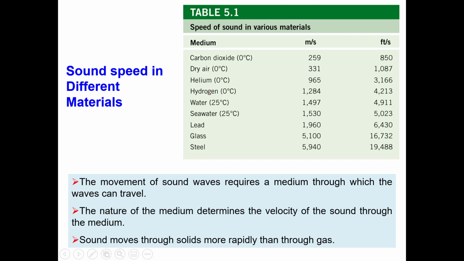For example, we have three different mediums. We have gas in this part: carbon dioxide, helium, hydrogen. Then we have water and seawater, which correspond to liquid. And the last part is solids: lead, glass, and steel.